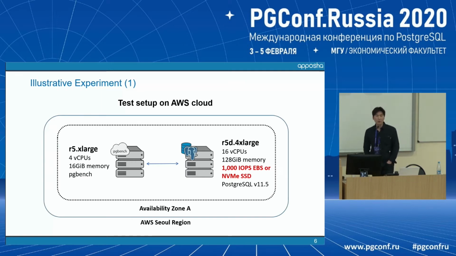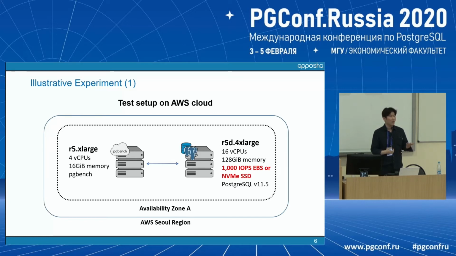So in order to illustrate how this kind of thing affects PostgreSQL performance, I tested using PGBench on AWS. This is the test setup. I launched two virtual machines in the AWS Seoul region because I live in Seoul. It's closer. I located both virtual machines in the same availability zone.